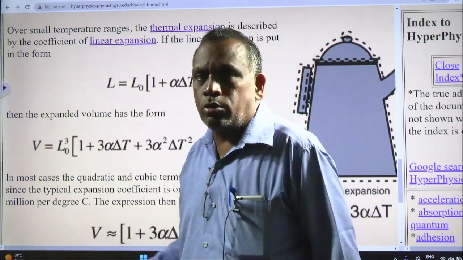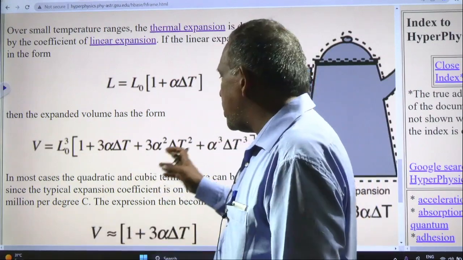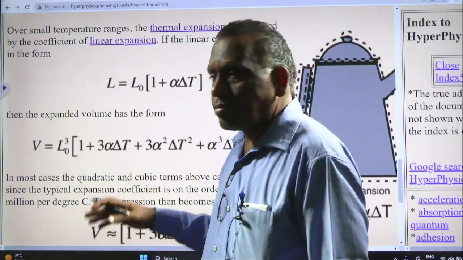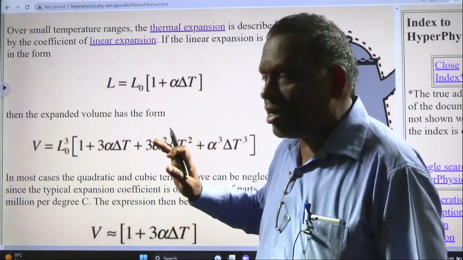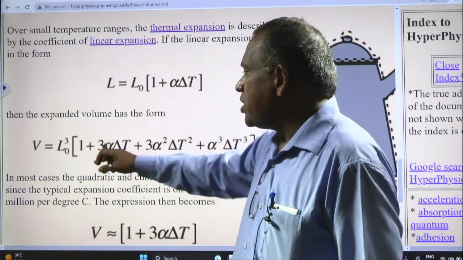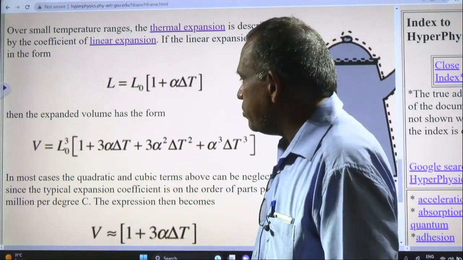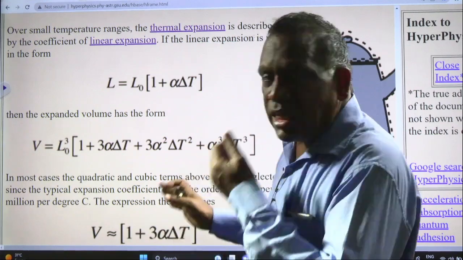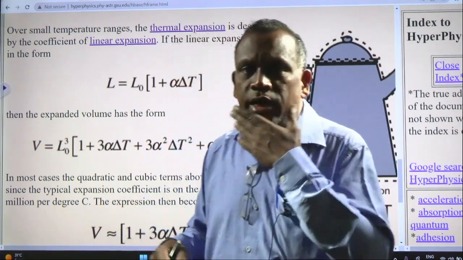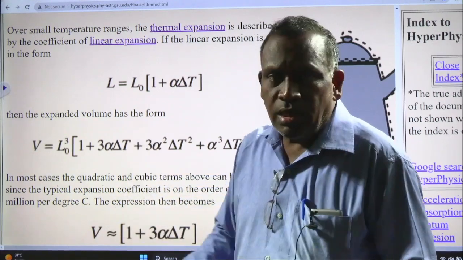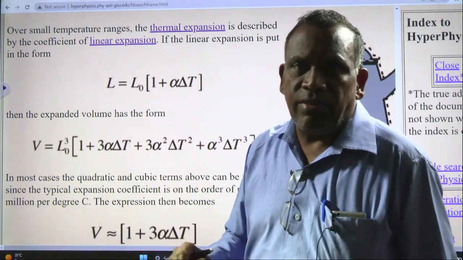(A plus B) whole cube is A cube plus 3A square B plus 3AB square plus B cube. Applying that expansion formula to this equation, we get 1 plus 3 alpha delta T plus 3 alpha square delta T square and so on. The alpha square value is very small and can be neglected.